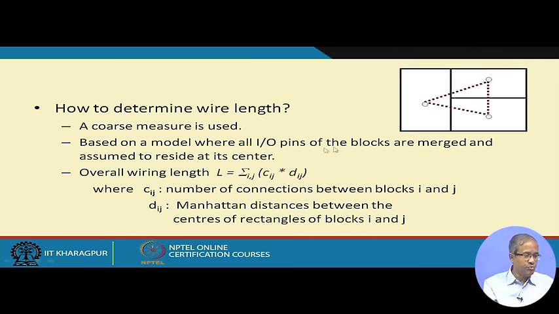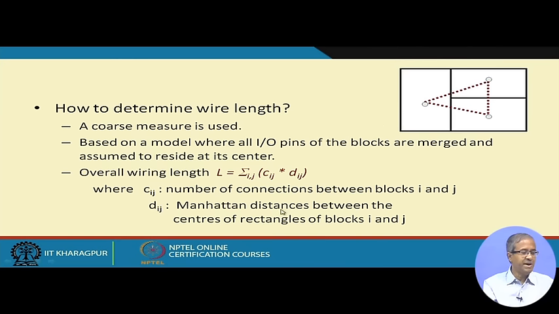So, we assume that all the pins are merged and residing at the centers of the blocks. Suppose these are the block centers. I calculate how many interconnection lines there are between block i and block j, that is Cij, and Dij is the distance.